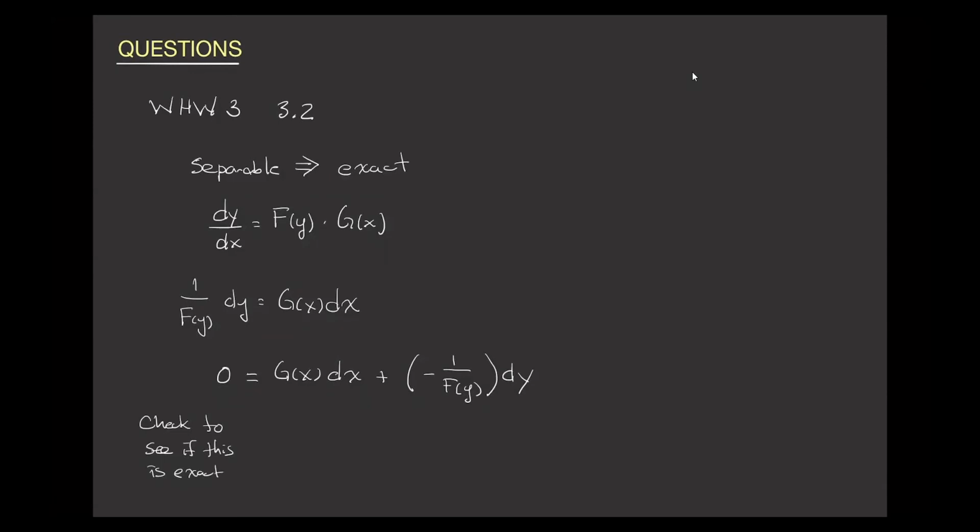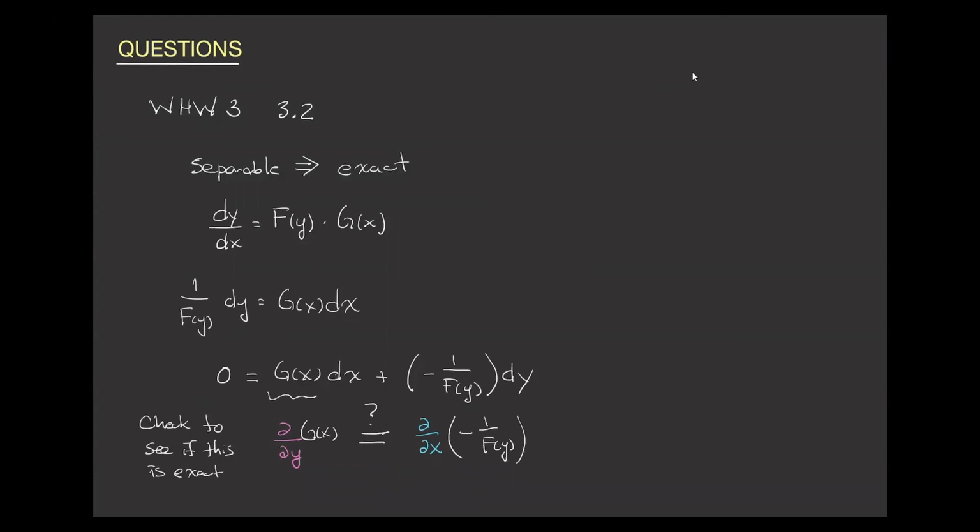We take the expression in front of the dx, whatever it is, and we take the partial with respect to y. So we take partial with respect to y of g of x. Then we take the partial with respect to x of this thing in front of dy. And then we check, are they equal?